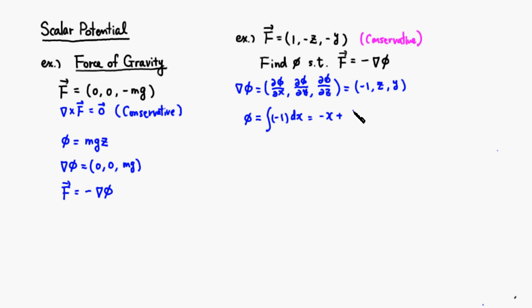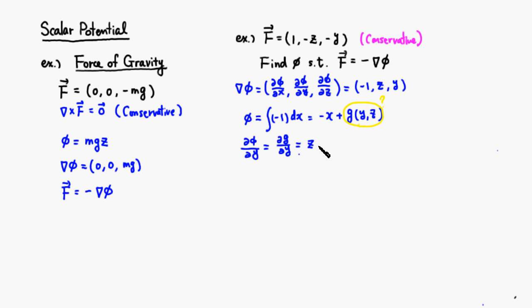So you might have a function, I'm going to call it g, of y and z. So we know this much, but again, we don't know what g is yet. This is the question mark there. So we can use other clues. Since the partial of phi with respect to y is equal to the partial of negative x with respect to y, which is 0, plus the partial of g with respect to y, and this is supposed to be equal to z.